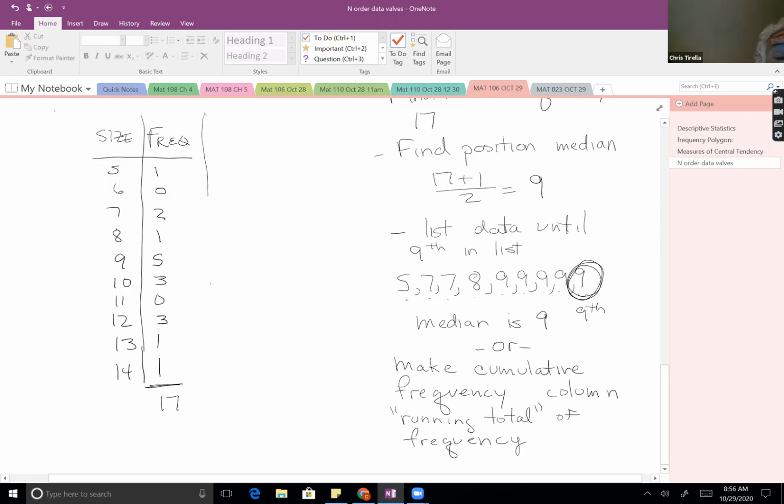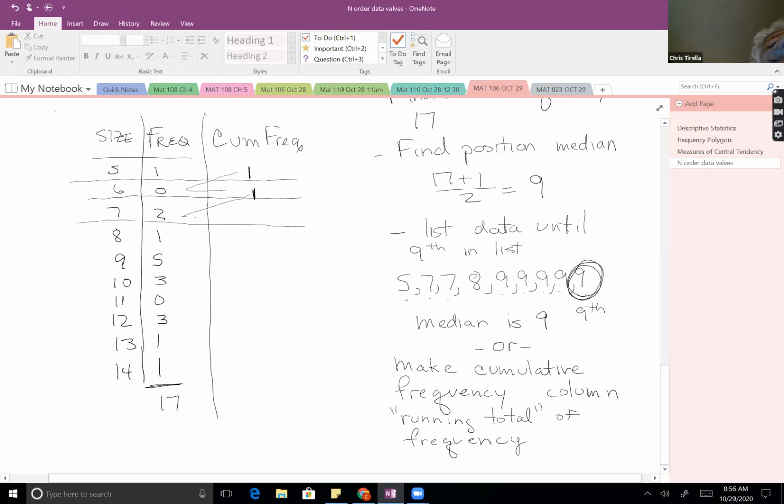And so what do I mean by that? I'm going to go down here and draw a line and add cumulative frequency. And so one person has size 5 or smaller. And then what I do is I add the next number. 1 plus 0 is still 1. So only one person is 6 or smaller.